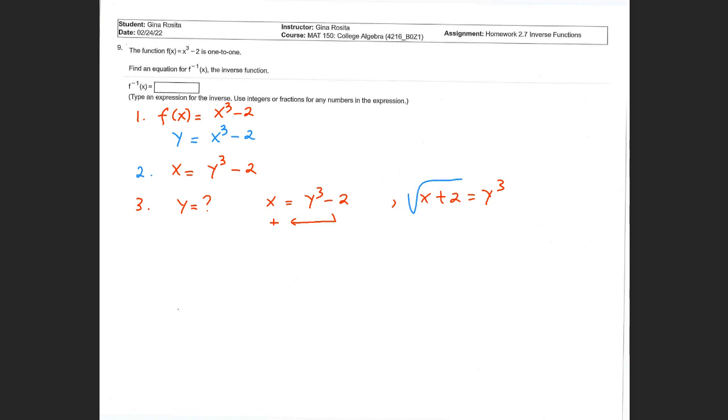So the answer becomes cube root of x plus 2 equals y, the cube cancels. Now step 4, replace y with f inverse. So f inverse of x equals cube root of x plus 2. Here we go.